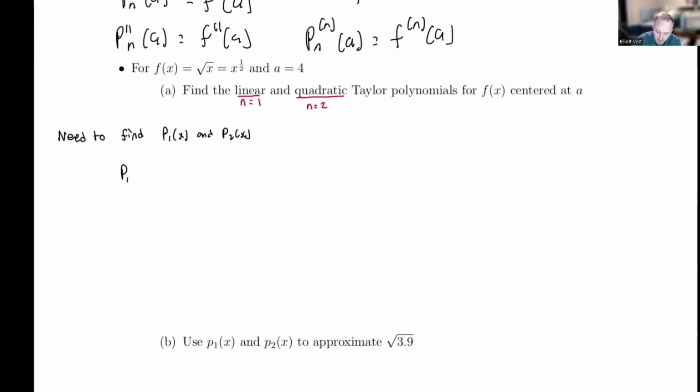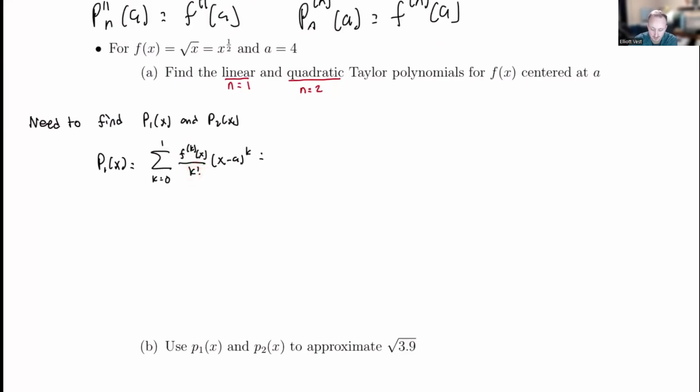So P1 of x is equal to the summation from k equals 0 to 1 of f kth derivative over k factorial times x minus a to the k. Well, when k is equal to 0, the 0th derivative, this just becomes nothing here. 0 factorial, that's nothing.